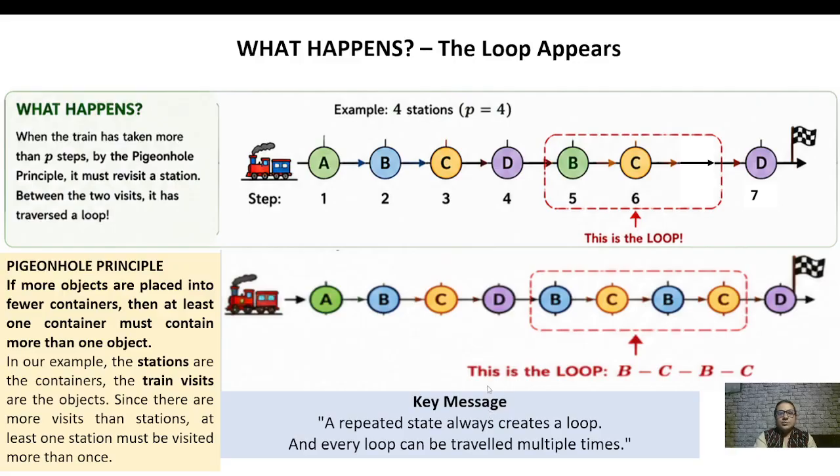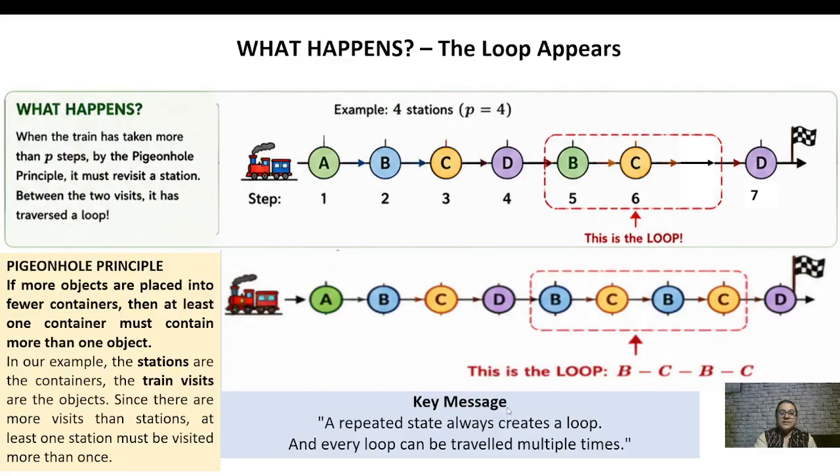So in the pigeonhole principle, if more objects are placed into fewer containers, then at least one container must contain more than one object. In our example, the stations are the containers and the train visits are the objects. Since there are more visits than stations, at least one station must be visited more than once.